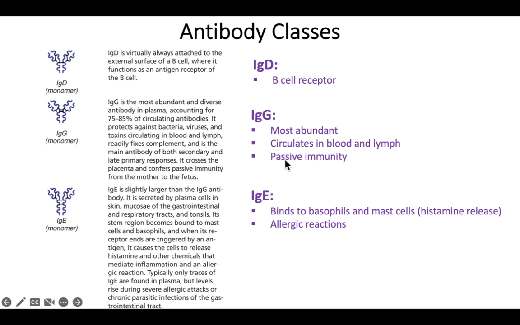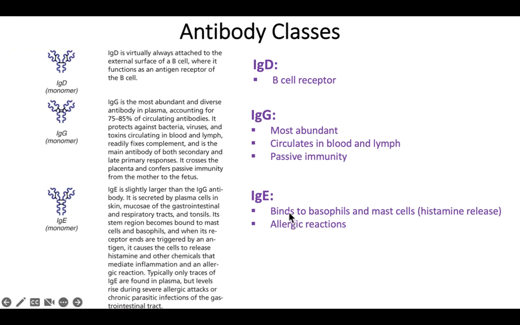So passive immunity, we'll talk more about that, is when we harvest antibodies from one person's blood and give them to someone else to help them fight the infection. That was done for COVID. It's done for Ebola and other situations.